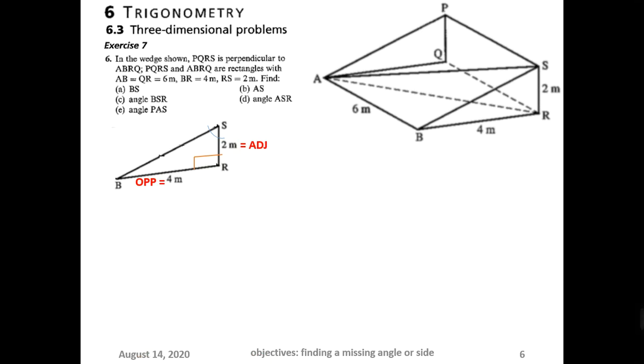So tan BSR is equal to opposite over adjacent. Let's substitute in this formula. Tan BSR is equal, the opposite is 4, so we put 4 over, and the adjacent is 2, so it's 4 over 2. And to find the BSR, we're going to say BSR is equal to tan inverse 4 over 2.